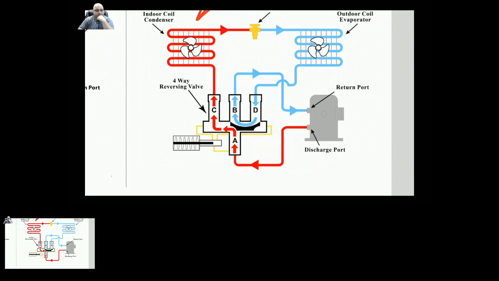All right. So if the high pressure, high temperature refrigerant coming from the compressor is going back to the indoor coil, what are we doing here? Are we heating the space? Are we cooling the space? So that's the question we're asking.